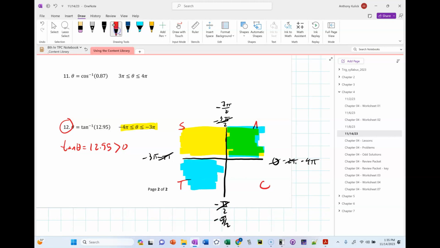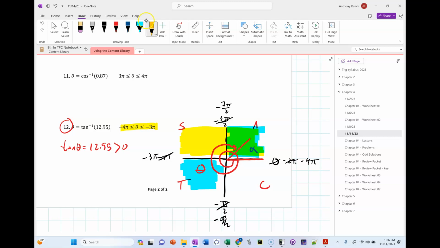So which one do I want? Quadrant 1. So if I draw my picture, remember I'm going clockwise, so I go -2 pi, and then before I can get to -4 pi, I have my end, so that's my theta. So my alpha, again, is always between the terminal side and the x-axis.